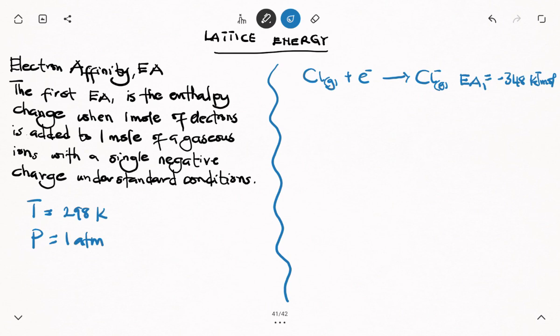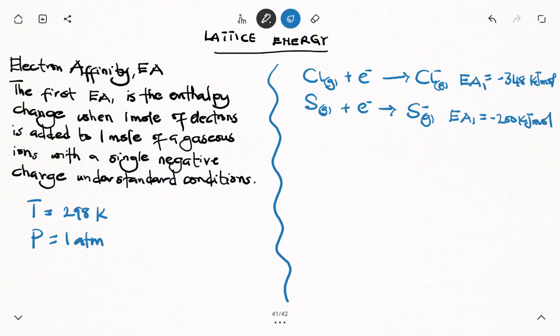Now, you can have a similar thing for any other element that would accept an electron, like sulfur. We take sulfur in a gaseous state and add 1 mole of electrons. We are looking at the first electron affinity of sulfur because we are adding the first electron. So EA1 for sulfur is minus 200 kilojoules per mole.